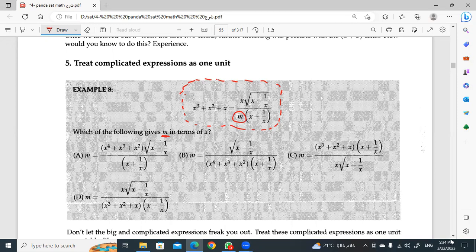So I will move M to the other side by the multiplication, and move all of this into the denominator. So M equals x root x minus 1 over x, all of this over x cubed plus x squared plus x, multiplying by x plus 1 over x, and this is the answer.